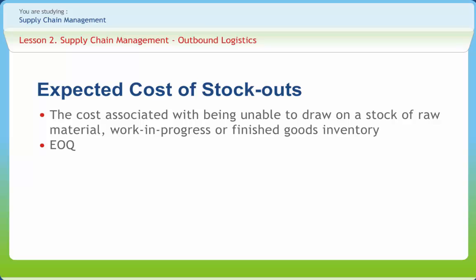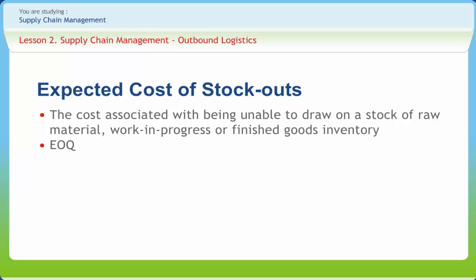EOQ, or economic order quantity, is the optimal quantity of orders that minimizes the total variable cost required to order and hold inventory. The model assumes three costs, namely ordering or setup cost, inventory holding cost, and shortage or stockout cost. The model adjusts the back orders with the inventory, and based on that, it determines the reorder point.